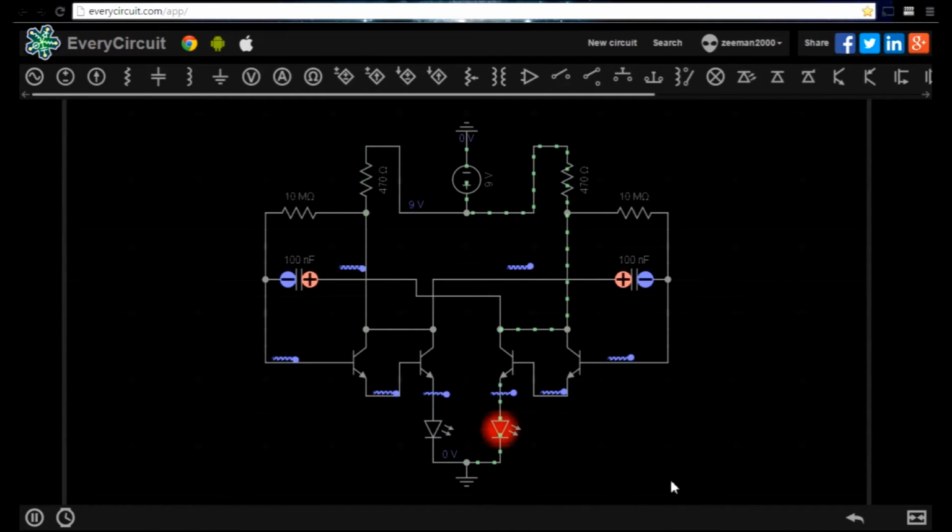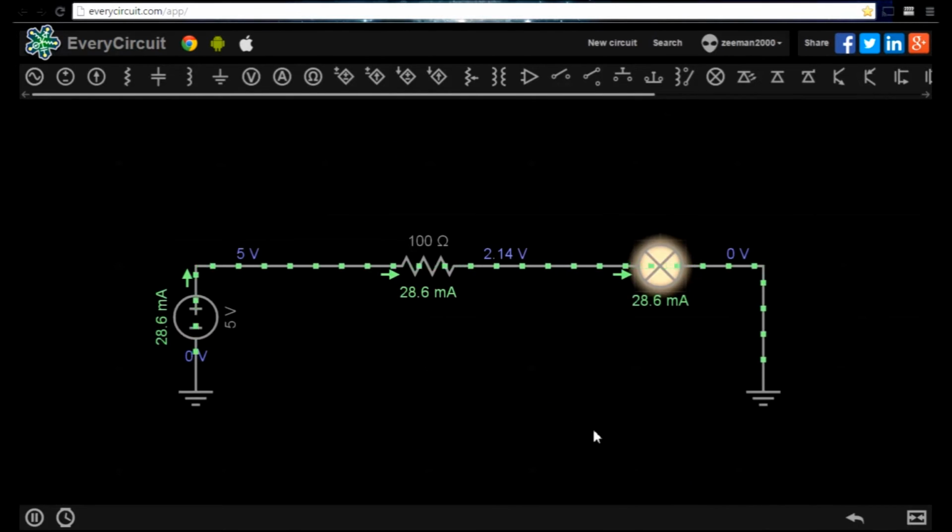Let's firstly look at the voltmeter to check the voltage over a resistor. Here we have a simple circuit with a 5 volt power supply. It has a 100 ohm resistor and a 1.5 volt 30 milliwatt lamp. Let's use the voltmeter to read the voltage across the resistor.